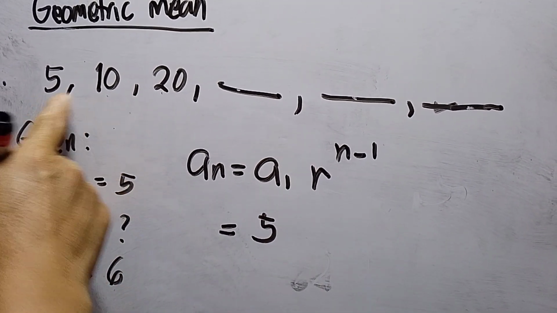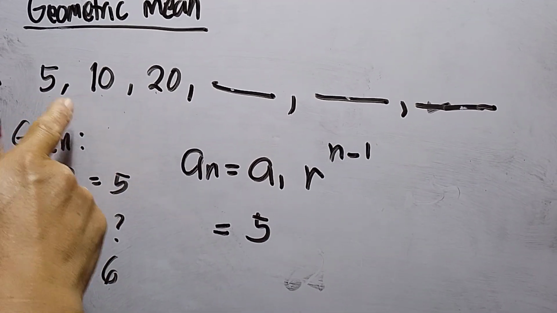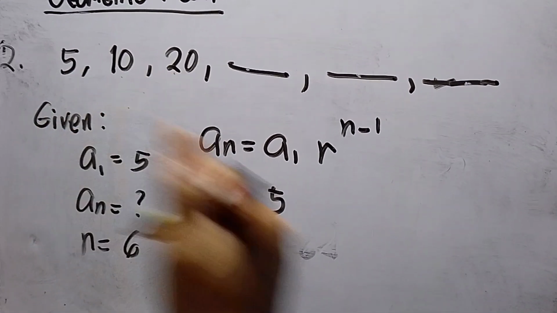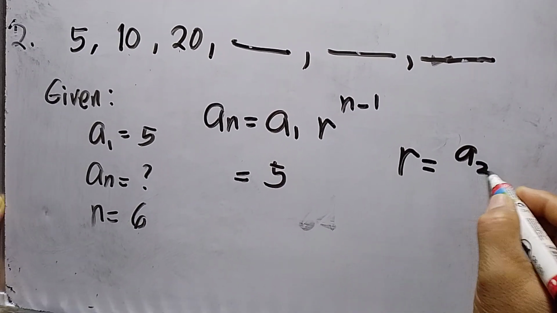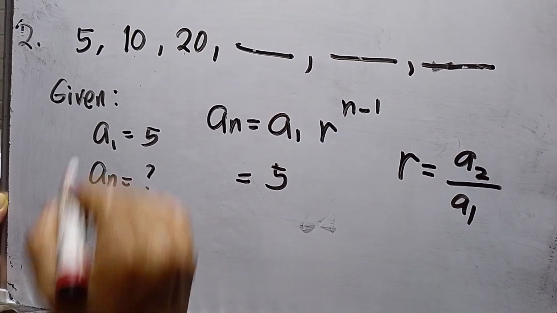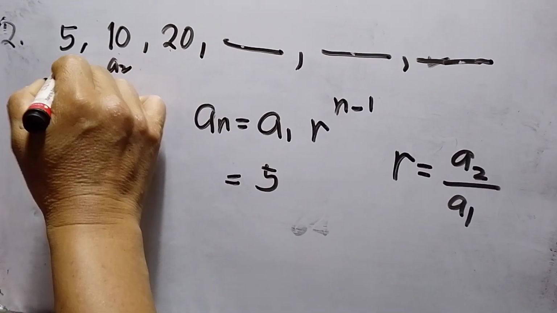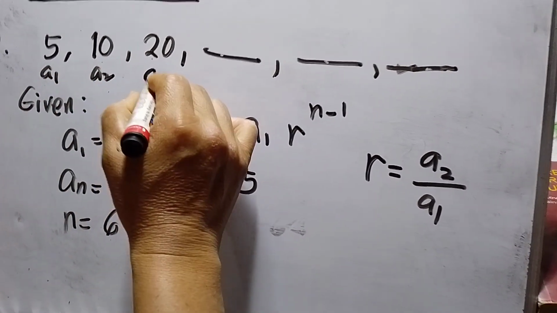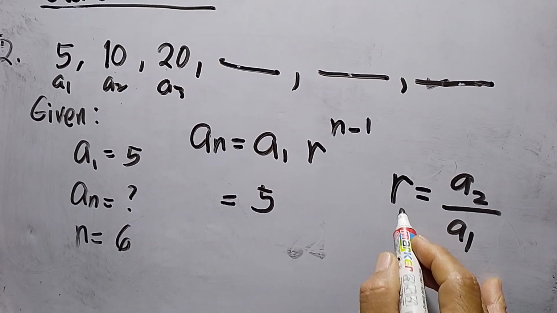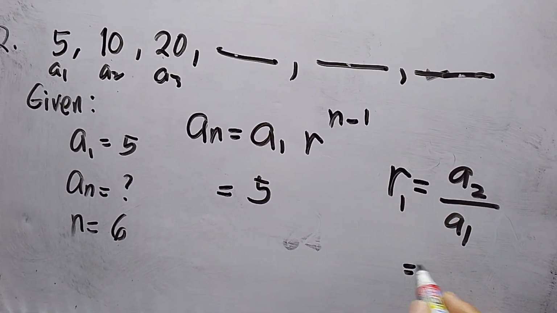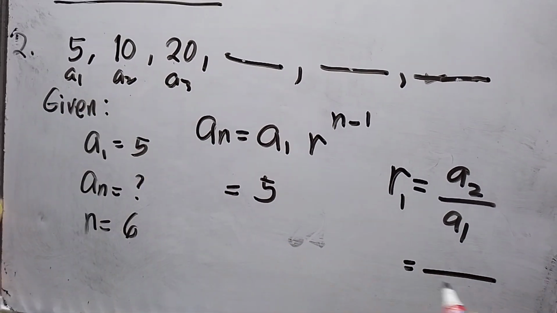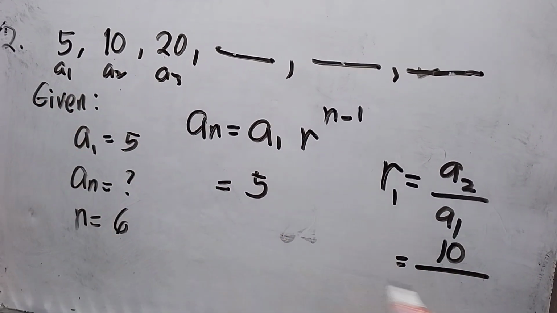By the way, how to solve the ratio for this given 5, 10, 20? All you have to do is r is equal to A2 over A1. So where's my A2? This one is A2, this one is A1, then this will be A3. So R1 is equal to A2 over A1. So what is my A2? A2 is 10. Then my A1 is 5.